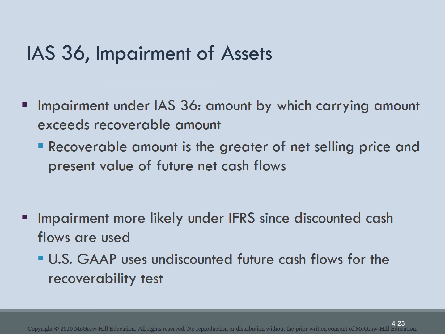If you think about the recoverability test under US GAAP, they compare the carrying value to the undiscounted future net cash flows. All right, so impairment is going to be more likely under IFRS since discounted cash flows are going to be used. So in both cases, we are basically doing a recoverability test. We're just not comparing exactly the same things under IFRS and US GAAP.